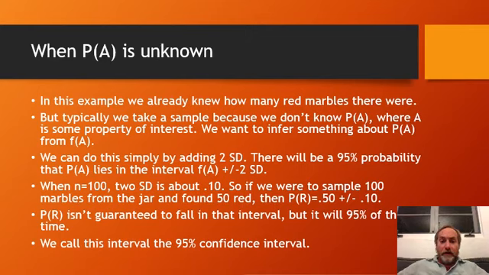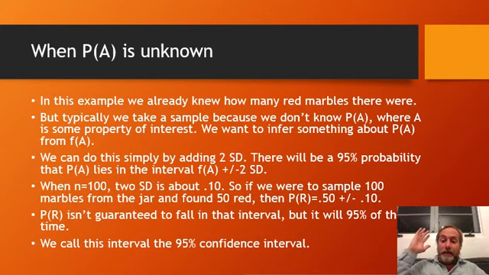We can do this by simply adding two standard deviations to whatever relative frequency we find in the sample. So, for example, when n is 100, a sample of 100, two standard deviations is going to be about 0.10.